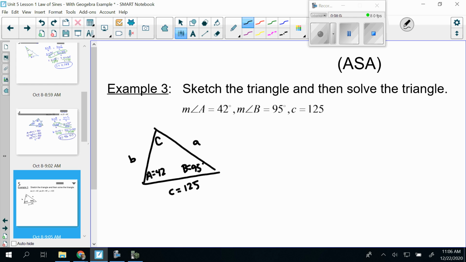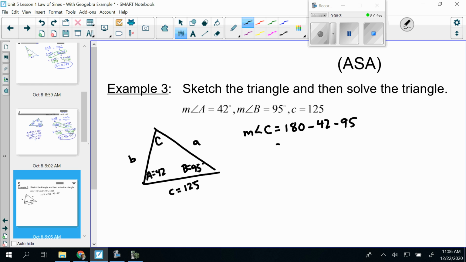If they say solve the triangle, that means they want us to find all the missing information. Let's start with the angle because that's probably easiest. So angle C we can find by doing just some subtraction here. So if we take 180 minus those other two angles, we should get it.